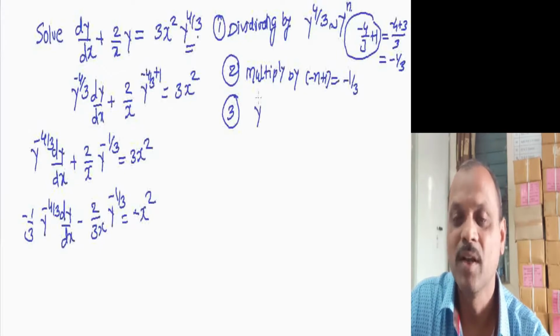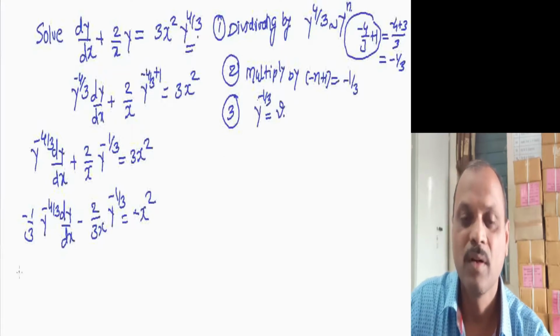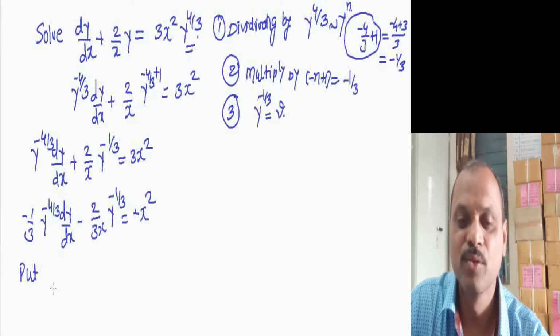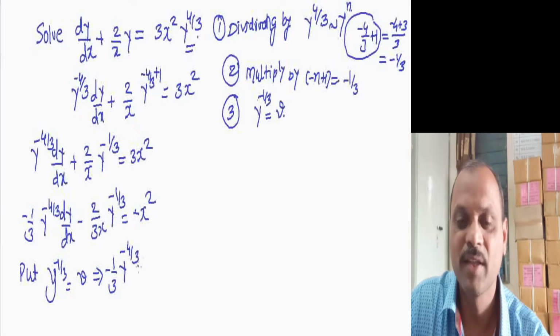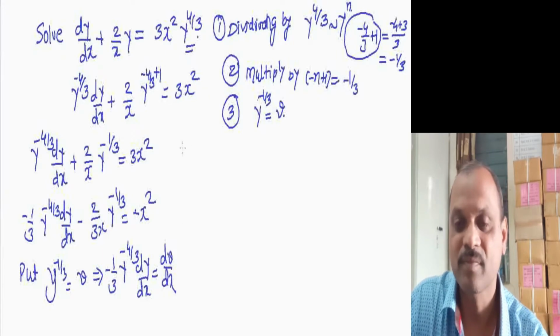Okay. Now, in the third step we have to put y raised to minus n plus 1. So, here y raised to minus n plus 1 is y raised to minus 1 by 3. We have to put y raised to minus 1 by 3 equal to v. So, to solve this equation, let us put y raised to minus 1 by 3 equal to v. This implies minus 1 by 3 y raised to minus 4 by 3 into dy by dx equal to dv by dx.